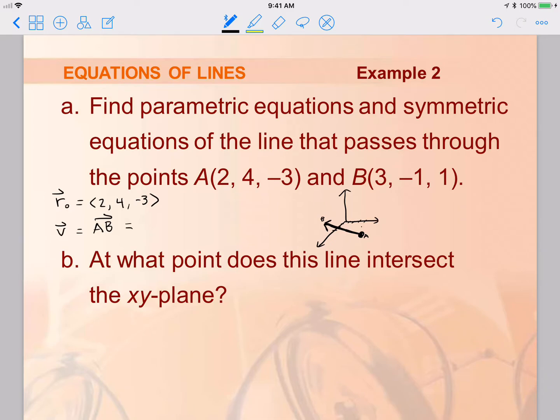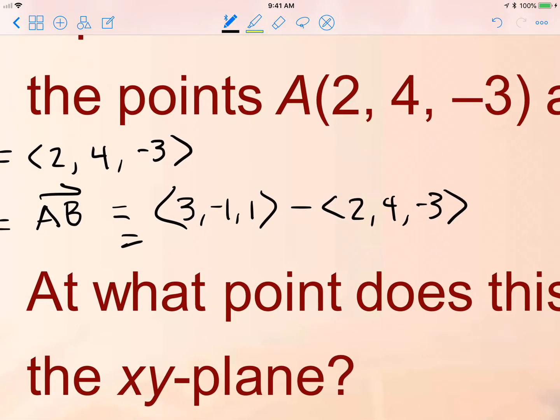And how do I get that vector from A to B? Well, I'm just going to subtract. So I'll have 3, negative 1, 1, minus 2, 4, negative 3. Then 3 minus 2 is going to be 1. Negative 1 minus 4 is going to be negative 5. 1 minus negative 3 should be 4.